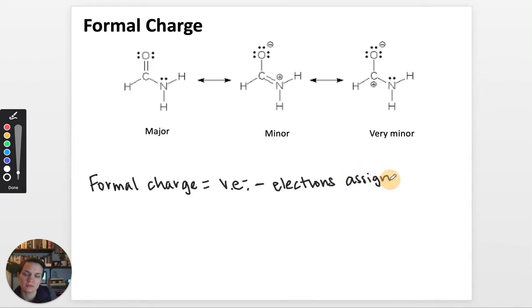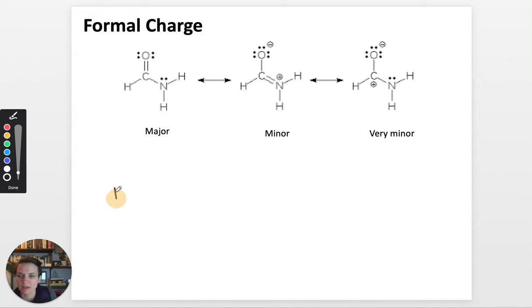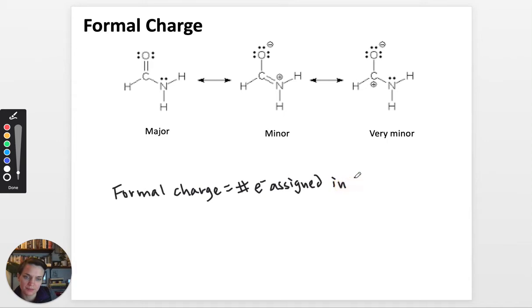Nope, sorry. Let me let that go away. It's the other way around. So formal charge is the number of electrons assigned to it in the Lewis structure minus its number of valence electrons.